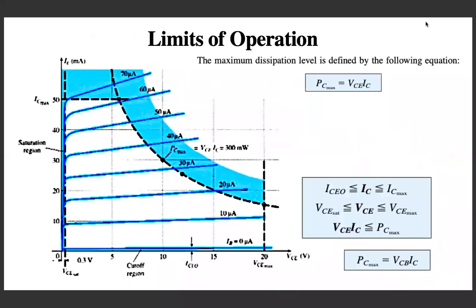Now let's try to discuss one more important topic, which is the limits of operation of any transistor. So here we have a characteristic curve of a transistor. You can see that on this axis we are having VCE and here we are having IC. So this is a characteristic curve for common emitter configuration transistor.